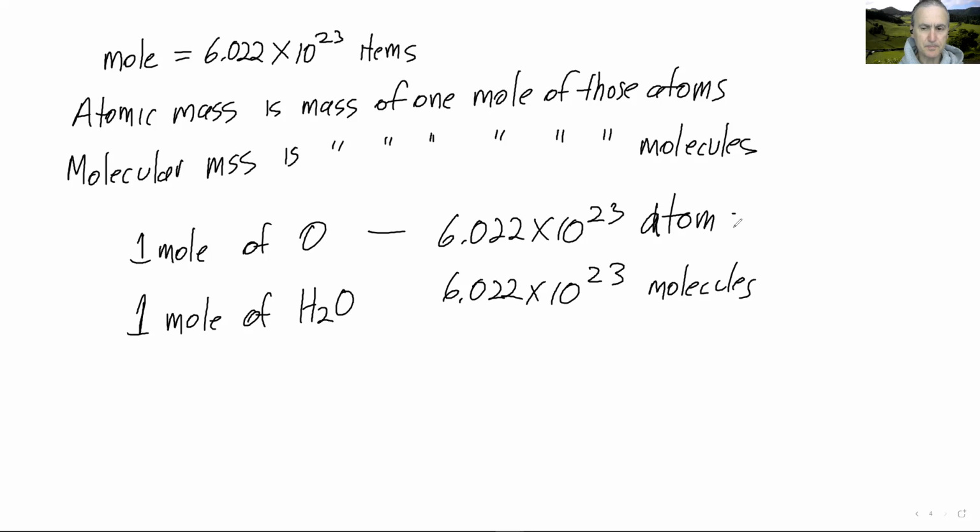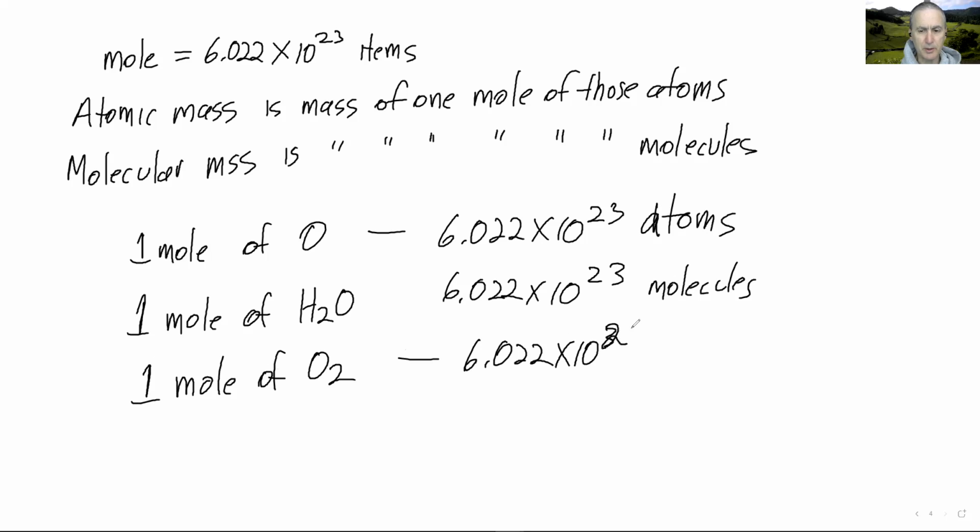Okay. How many molecules are there in 1 mole of oxygen gas, which is O2? Well, there are 6.022 times 10 to the 23rd molecules, right? But each molecule is 2 atoms, right? That's what that little 2 means.